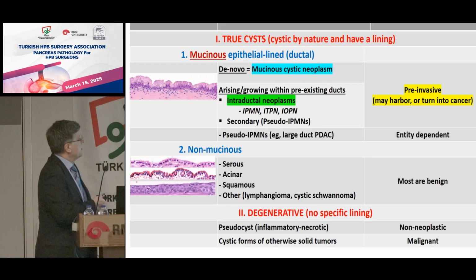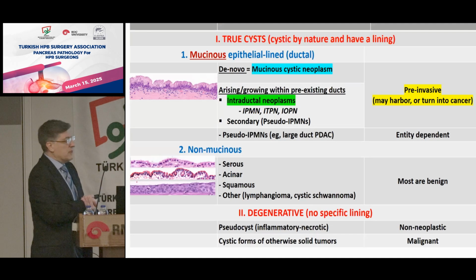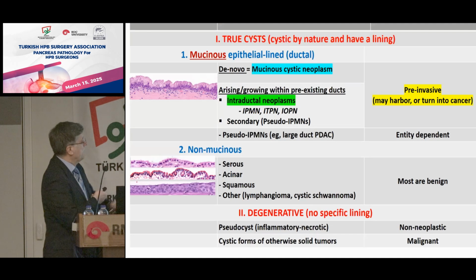Classification of the cystic lesions. This is not an official classification, but I think it's a good way to look at different lesions. It's through cysts, and there are degenerative cysts. Degenerative ones meaning pseudocysts and also solid tumors that have necrotic degenerative changes. Now, these are often malignant neoplasia with degenerative necrotic phenomenon.